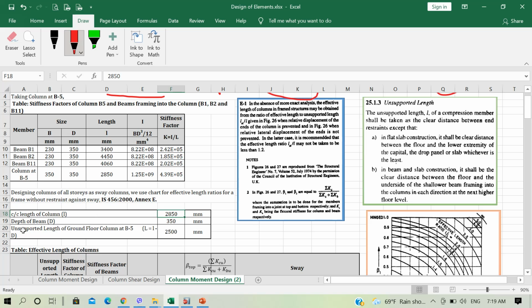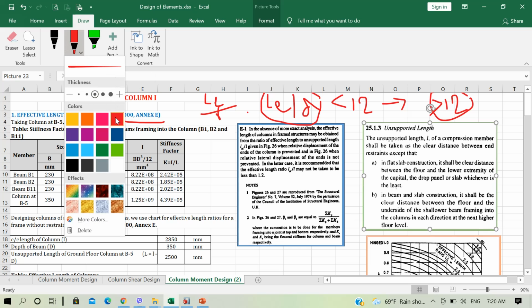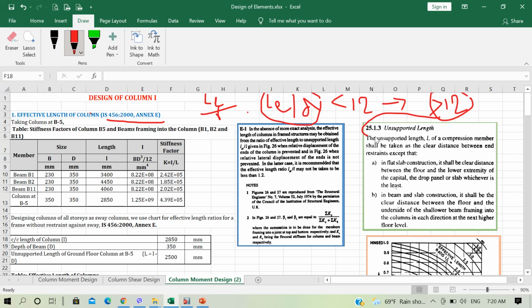And how do we find this value of unsupported length? In IS 456 clause 25.1.3, if you see here, we have the codal provision to calculate the unsupported length.